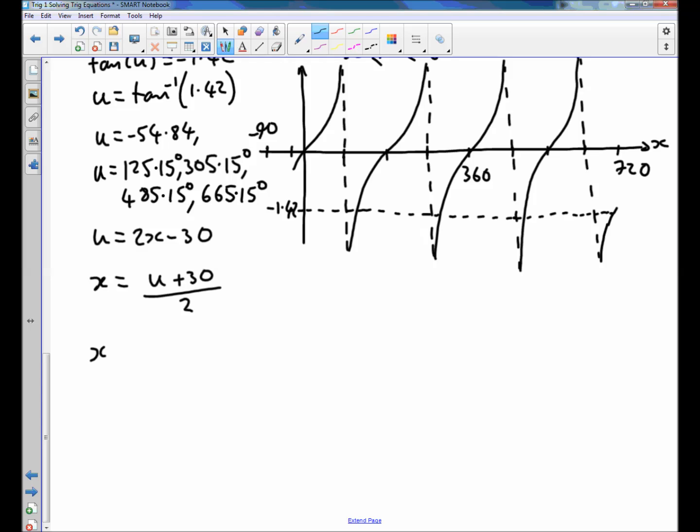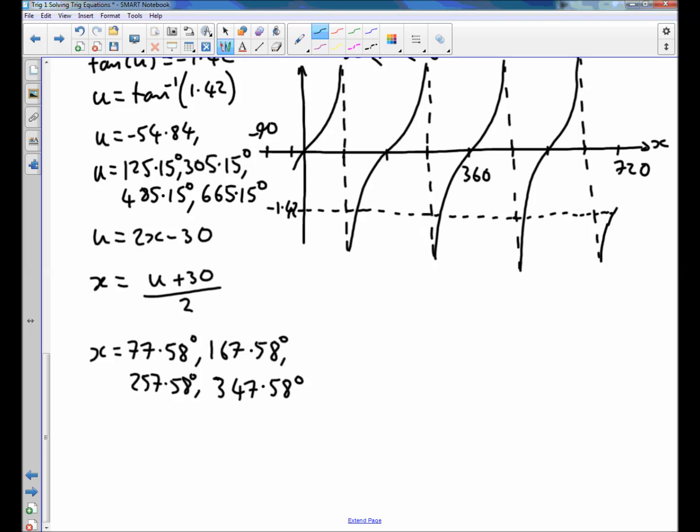That gives me x equals, well, we're going to ignore my principal solution, not interested in that because it's outside of our domain. So my first secondary solution, once I convert it into x, is going to be 77.58 degrees, 167.58 degrees, 257.58 degrees, and 347.58 degrees, which is just below 360.